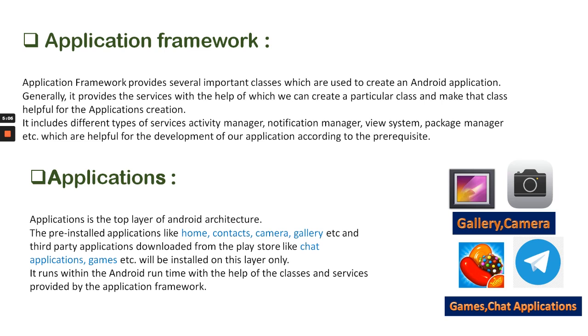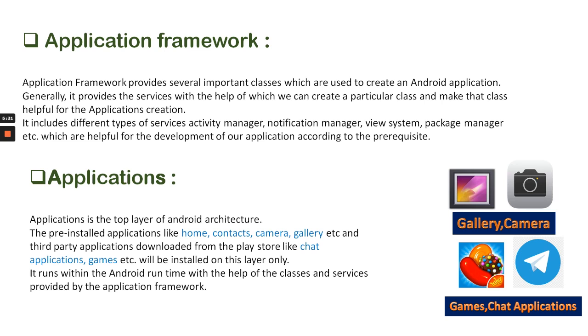So that is the topmost layer of our mobile, means applications. When we open our mobile and see our apps screen, this is the topmost layer of the Android architecture. Only the applications, the topmost layer of Android architecture, we are able to see on our mobile.